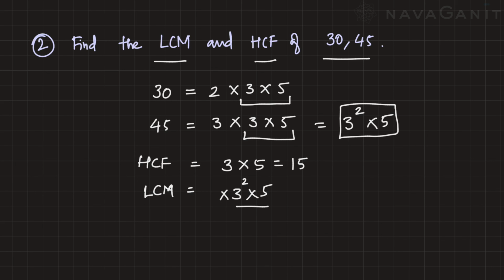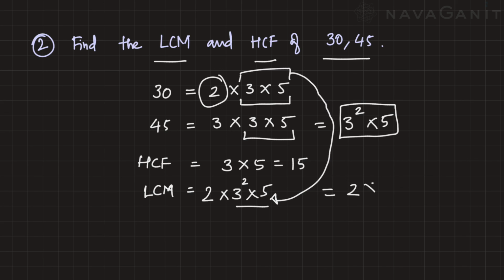In 3 squared multiplied by 5, 3 multiplied by 5 is already there. All that is missing is 2. So we simply multiply it with 2. So this is 2 multiplied by 9 multiplied by 5. 2 multiplied by 5 is 10. Multiplied by 9 would be 90. So the LCM is 90 and the HCF is 15.